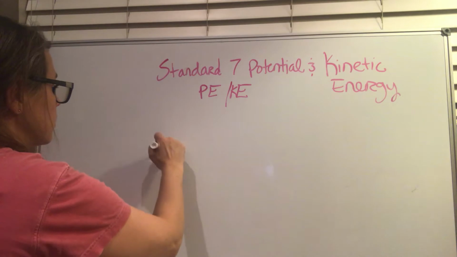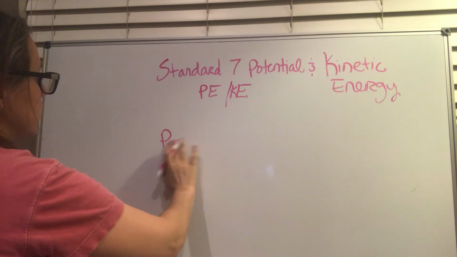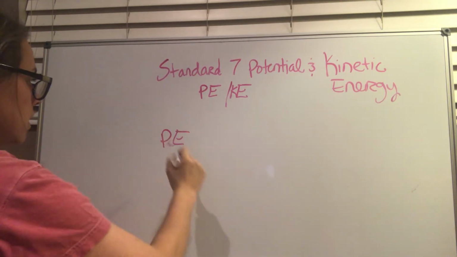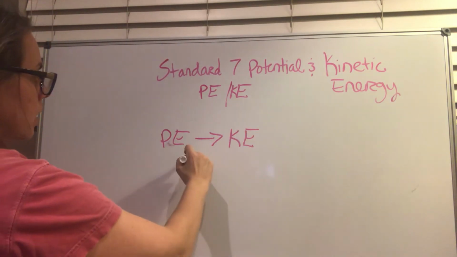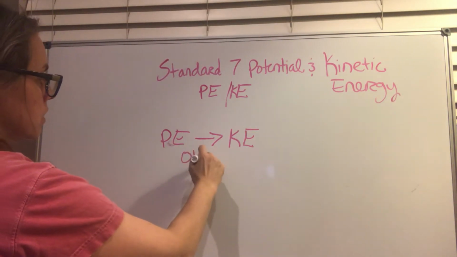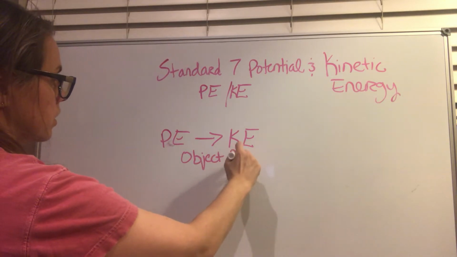Okay, so potential, let's just do this. PE is converted into KE, kinetic energy, when an object falls to the earth.